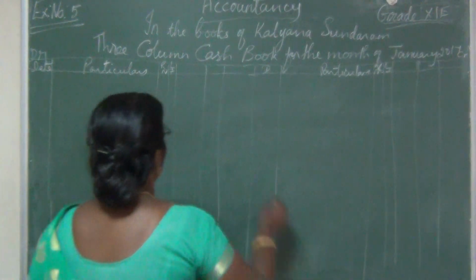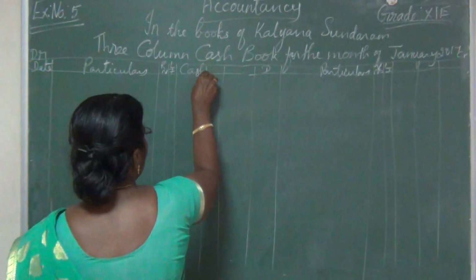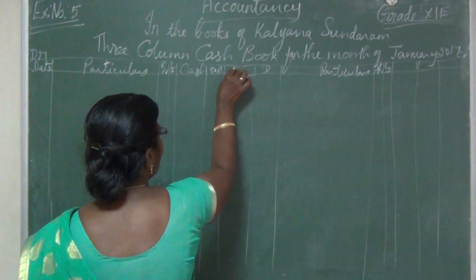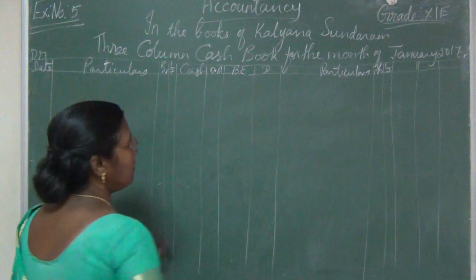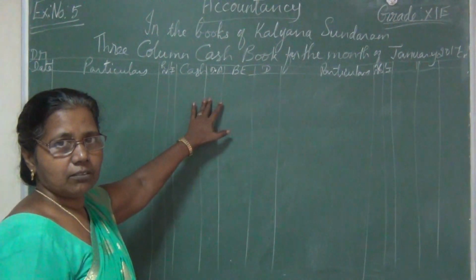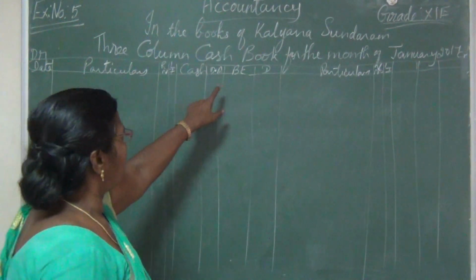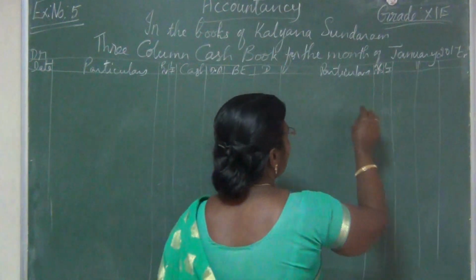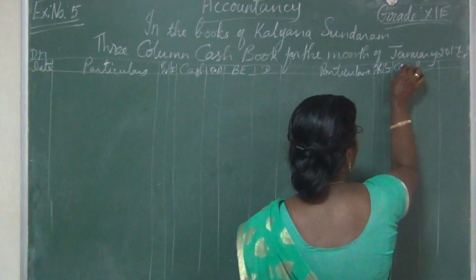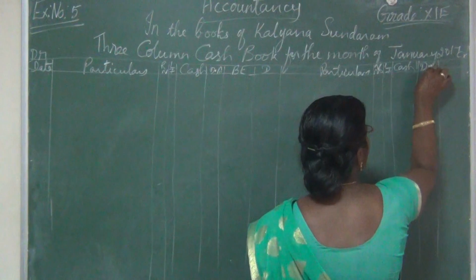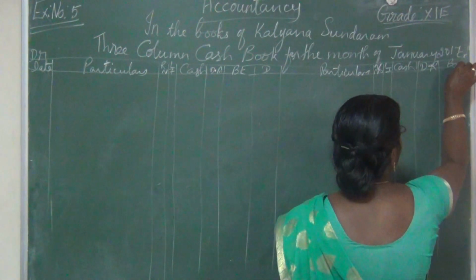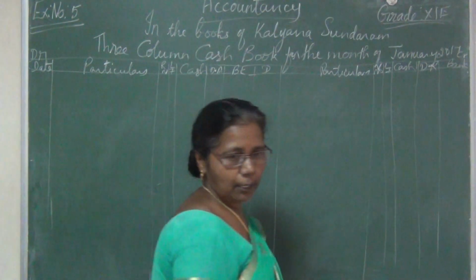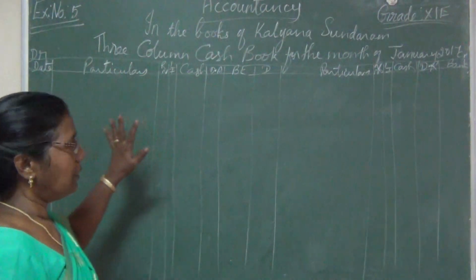Okay, cash, discount allowed, bank. Okay, you write the full word, don't write short form here. Okay, bank, then date, particulars, then LF, then cash, discount received, then bank. Okay, now we have drawn the columns.